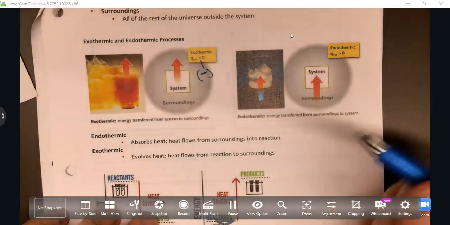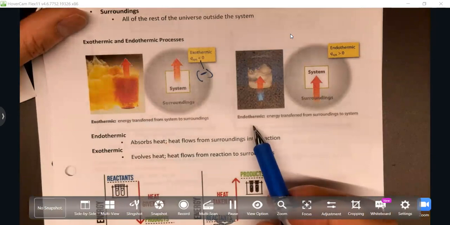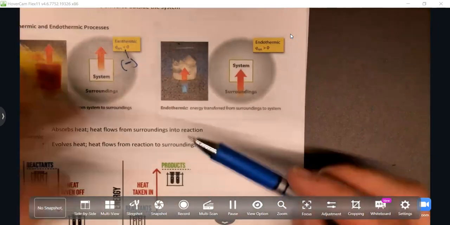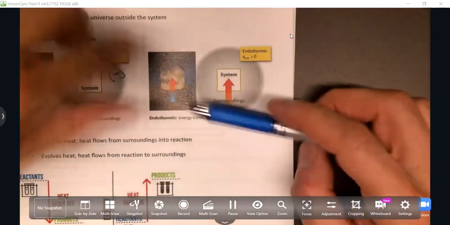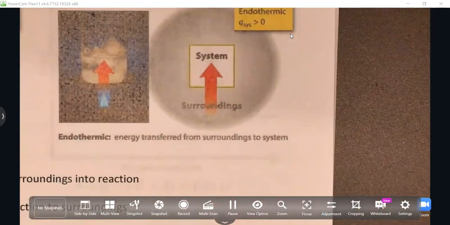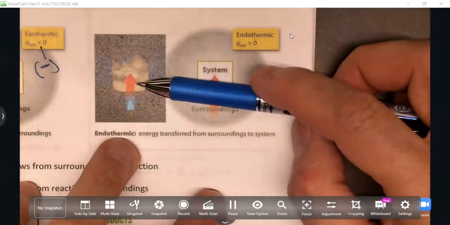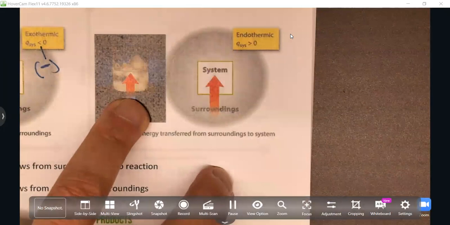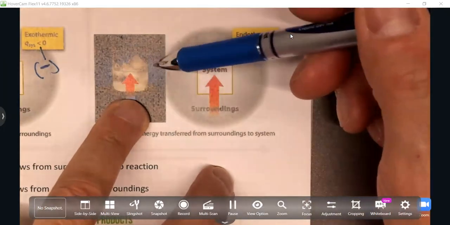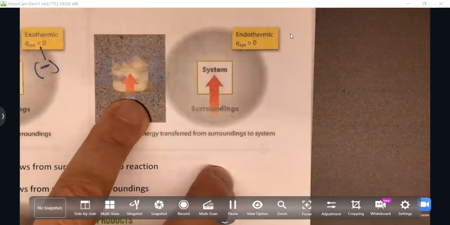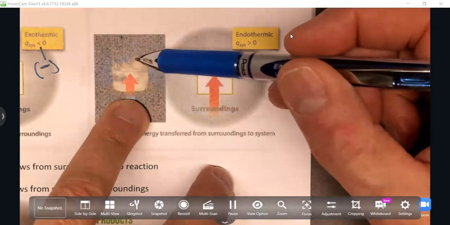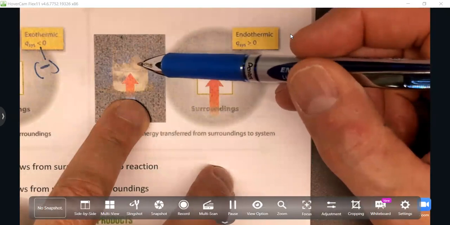Versus if something is endothermic, now, we're accelerating this greatly with a Bunsen burner, but if you just left this out without a burner in the room, the ice is going to melt, correct? And where is it going to get that heat energy from to melt the ice? From the room.